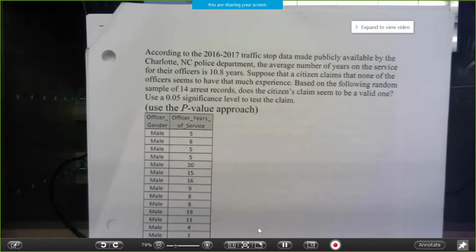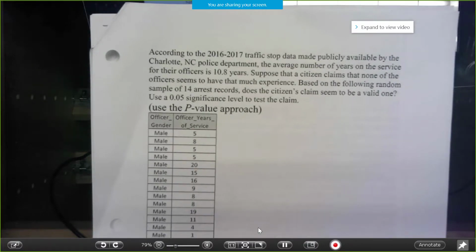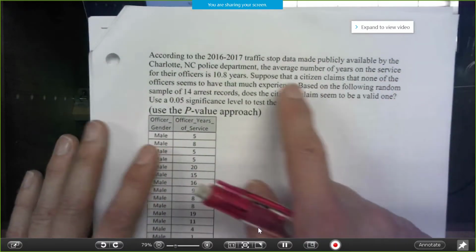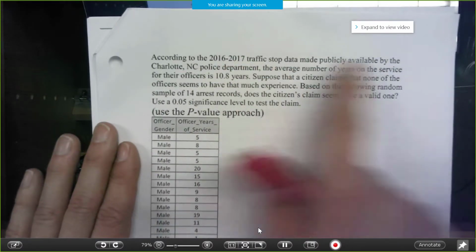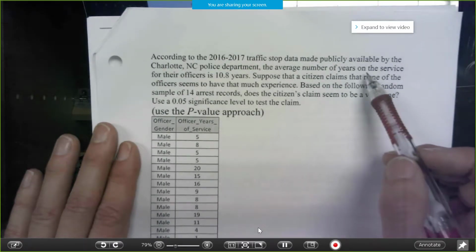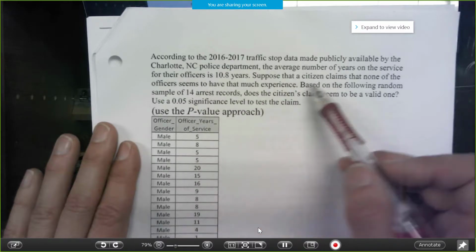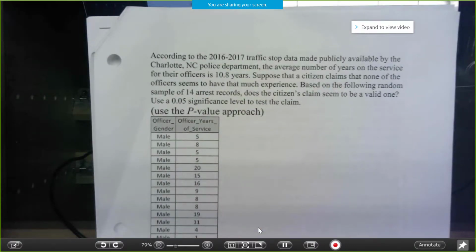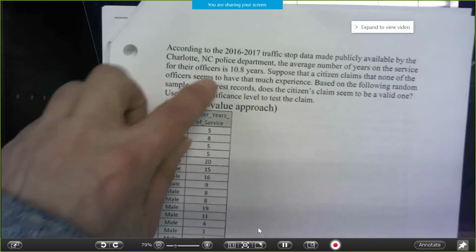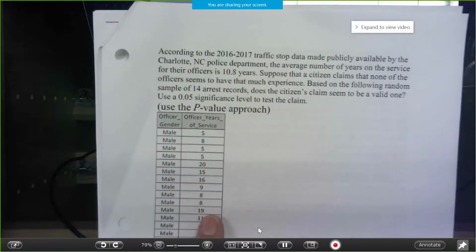So it was their traffic stop data from 2016 to 2017. And it says, according to the file, the average number of years on the service for their officers is 10.8 years. Suppose that a citizen claims that none of the officers seems to have that much experience. Based on the following random sample of 14 arrest records, does the citizen's claim seem to be a valid one?